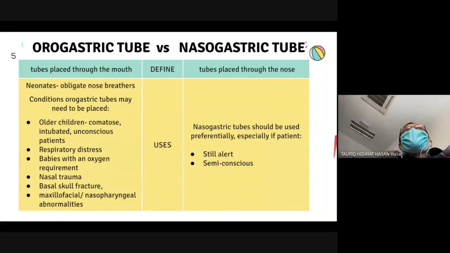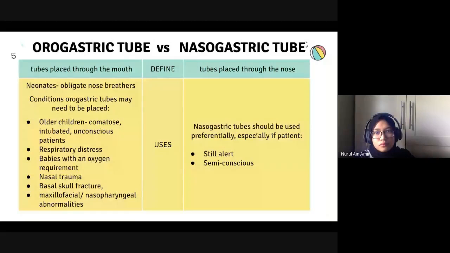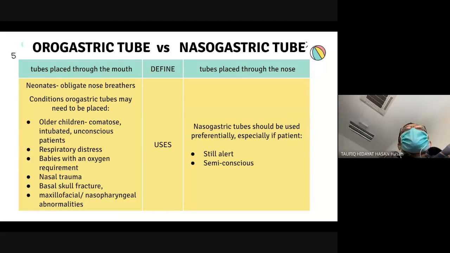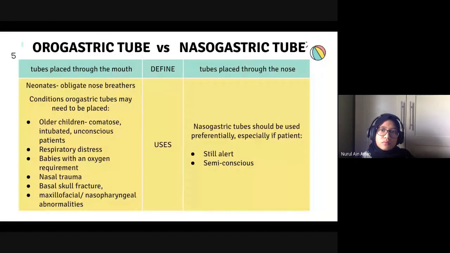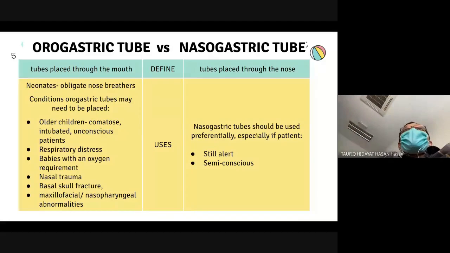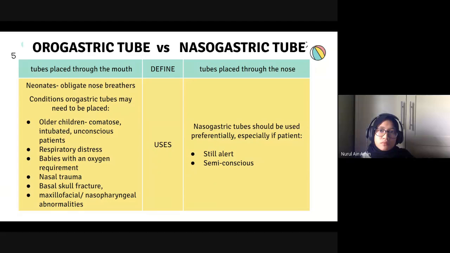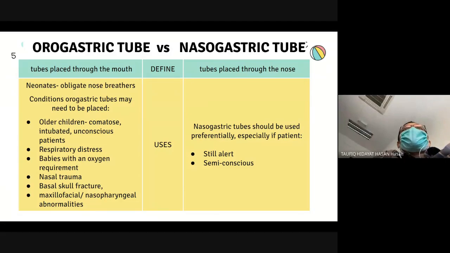The nose is the organ of respiration. But the problem if we do orogastric tube in older children and adult, because they have teeth, they have better swallowing and chewing activity, so it will be more difficult if we use OGT.